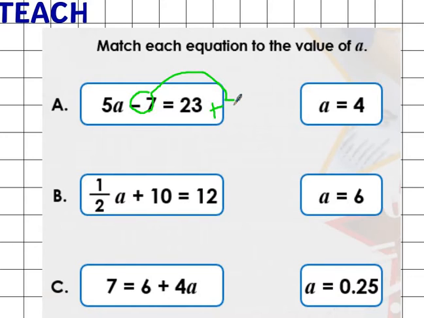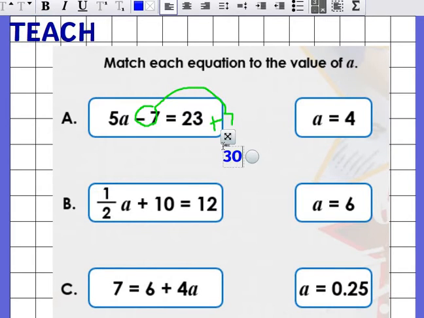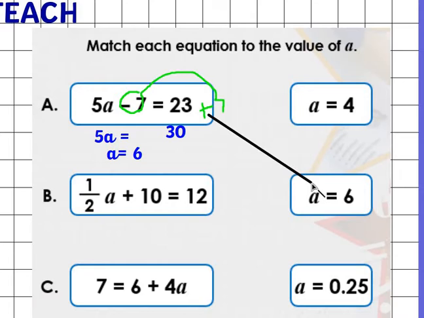So this side we would have 30, and we're left with 5a equals 30. So a would then equal 30 divided by 5, where you get 6. So we're moving to there.